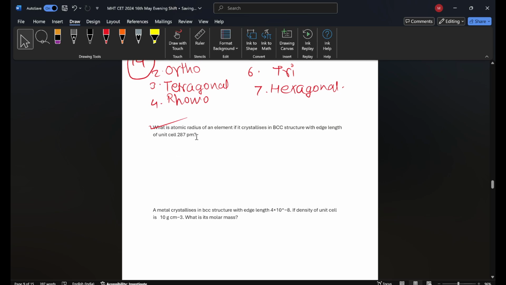What is the atomic radius of the element if it crystallizes in BCC with this edge length? Okay, simple question. As I said, we all know that a is equal to 4 by root 3 times r, so it is 2.31 r, and they are simply asking what is the atomic radius. So they are asking r and they have given us a.